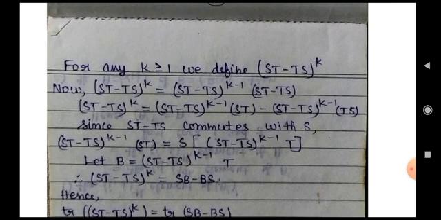Since st minus ts commutes with s, (st minus ts)^(k minus 1) st equals s (st minus ts)^(k minus 1) t. We consider this b as (st minus ts)^(k minus 1) t. Therefore, (st minus ts)^k equals sb minus bs.